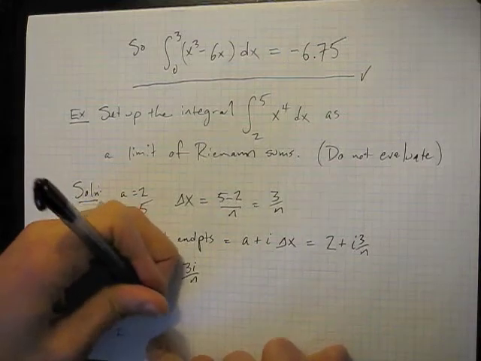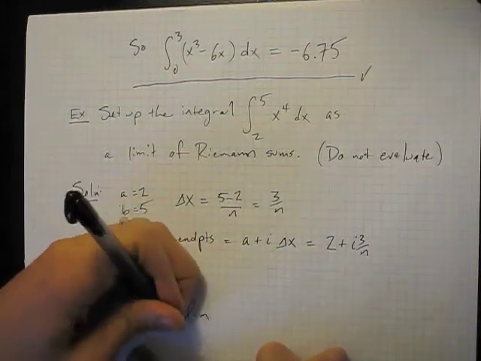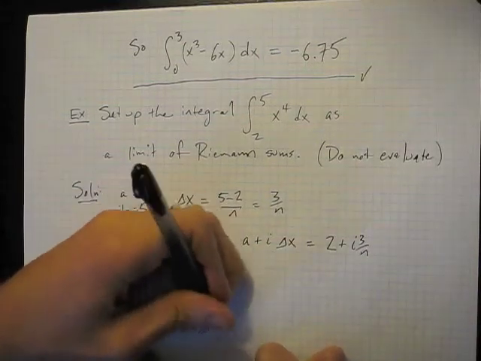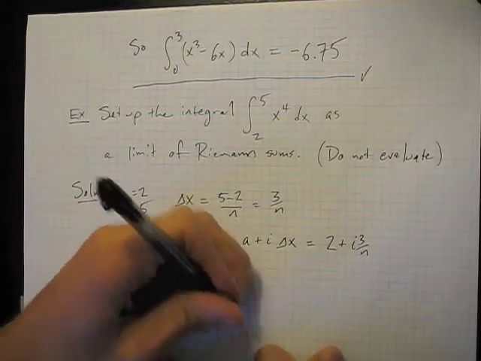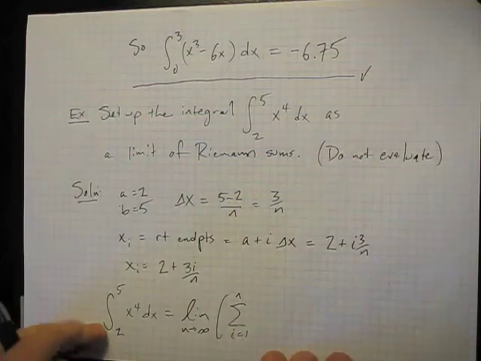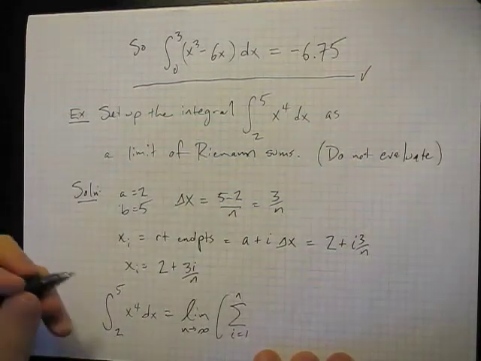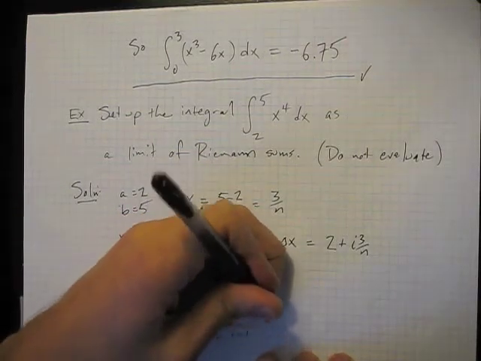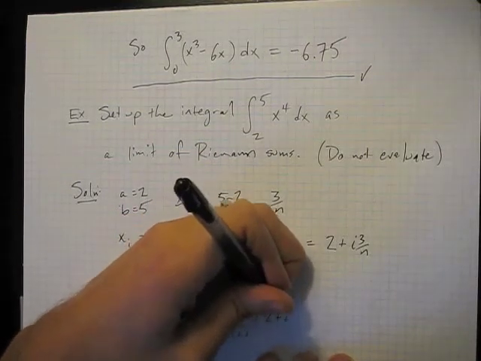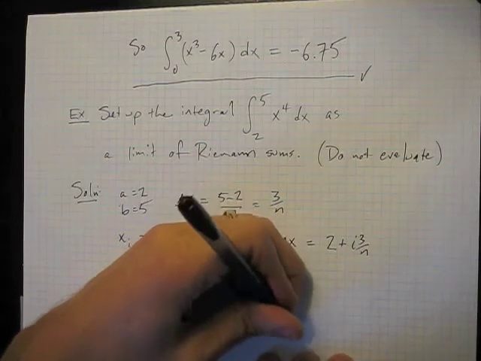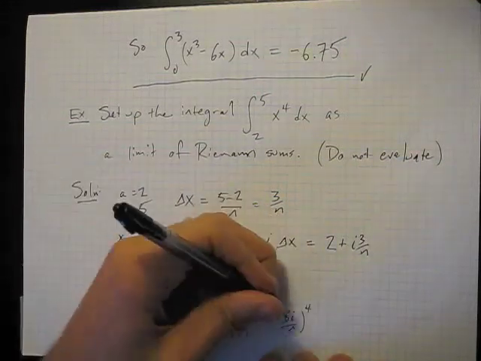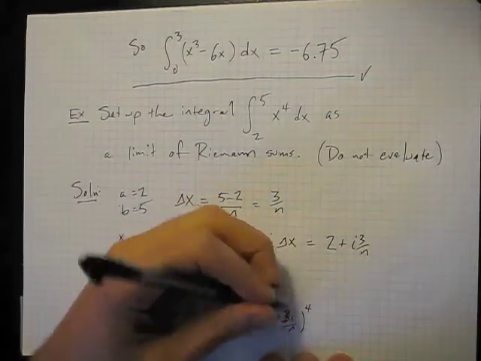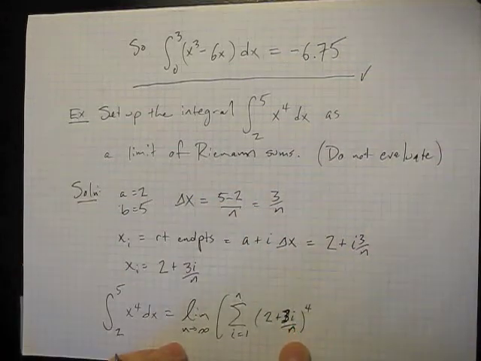Okay, and then that makes the integral equal to the limit as n goes to infinity of a sum, i goes from 1 to n, and we need f of xi, so that is 2 plus 3i over n, to the 4th. Sorry, that's a 3, and that's an n, 3 and n.